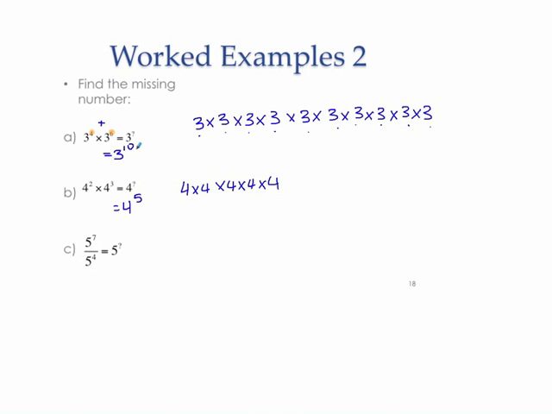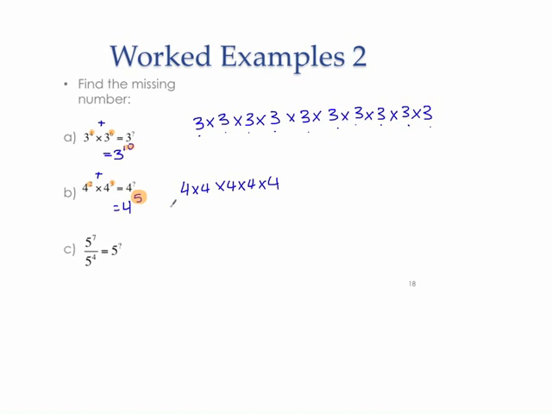So that's how I got 3 to the power of 10. If I look at the next one, I've got 4 squared times 4 cubed. I've got 2 lots of 4 that I'm multiplying together, and 3 lots of 4 that I'm multiplying together. So altogether I've got 5 lots of 4 which are being multiplied together. So that's 4 to the 5. So we can just add the powers.